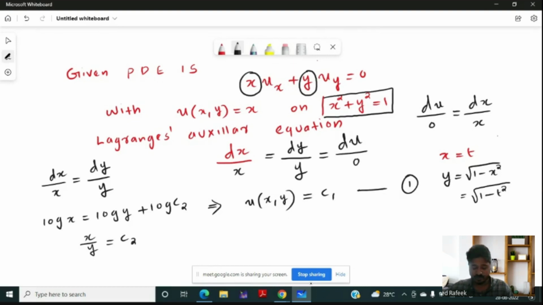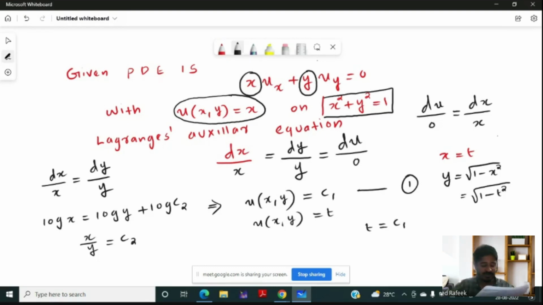Moreover, they are given u of x comma y is equal to x. So u of x comma y is equal to x, which is nothing but t. That means t is equal to c1.